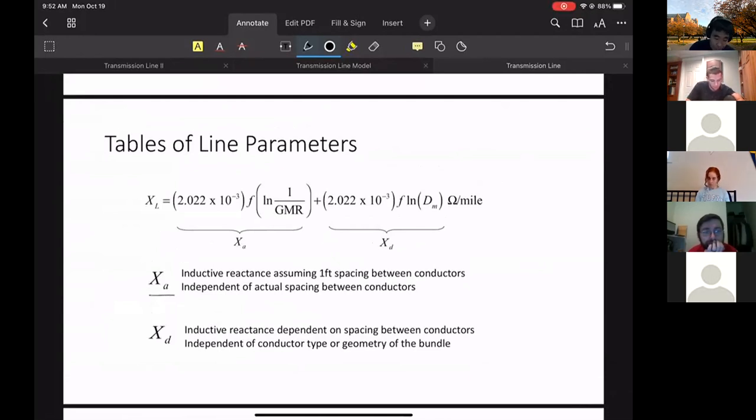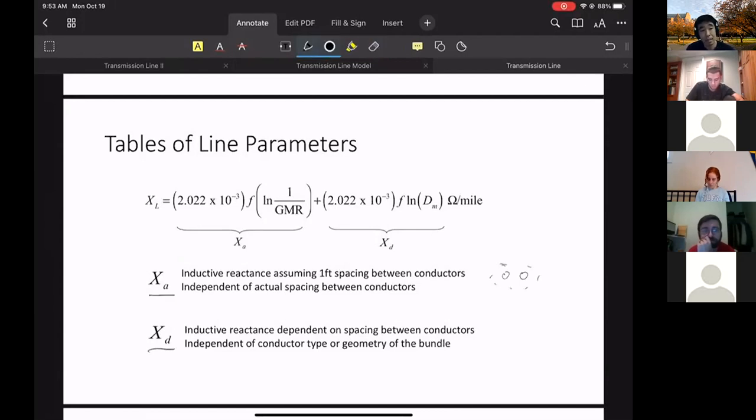The second part depends on the spacing, but is sort of independent of how you actually arrange the bundles. For example, if you have a two bundle line this way, this captures what the bundle looks like from far away. And this is sort of the large spacing between two things. So that's the idea of XD and XA.